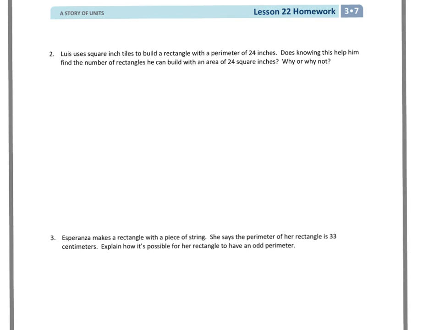Lewis uses square inch tiles to build a rectangle with a perimeter of 24 inches. Does knowing this help him find the number of rectangles he can build with an area of 24 square inches? Why or why not? Well, we know that if we're looking at perimeter of 24, I'll do a quick example of this.